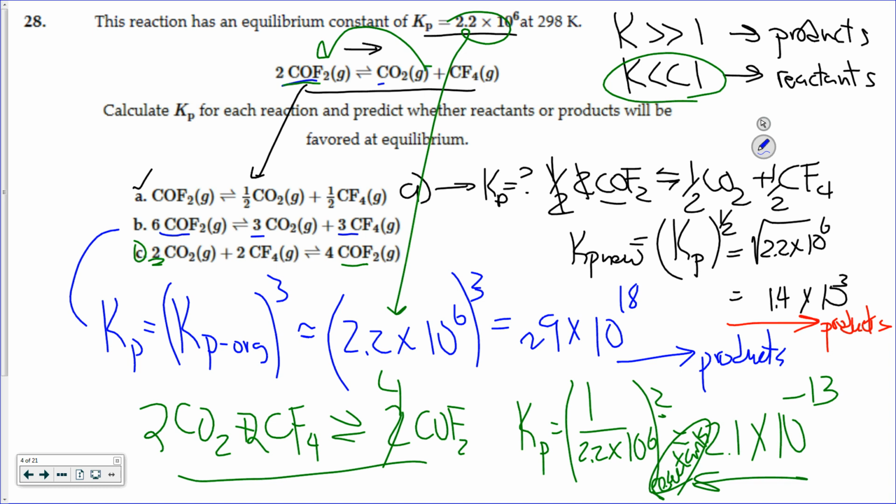So, yeah, 1.1 times 10 to the 19th. That's off a little bit. That's the actual number.